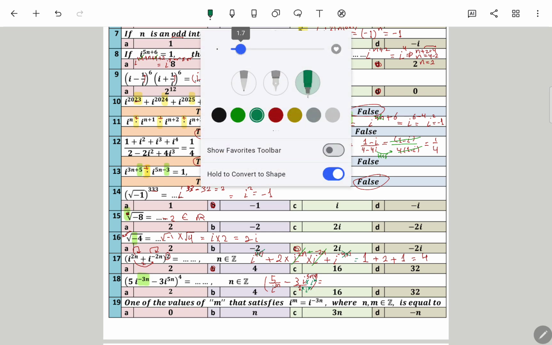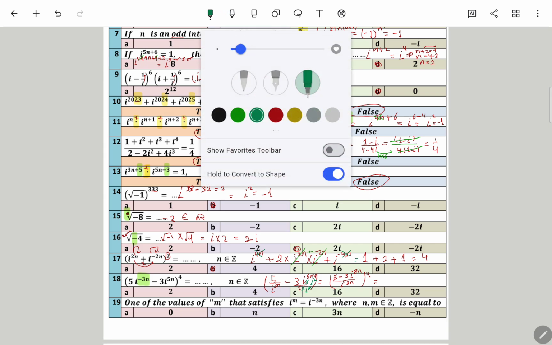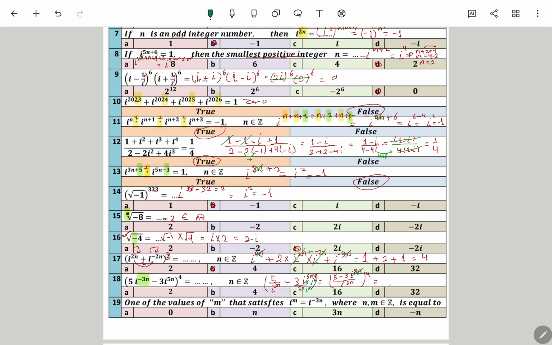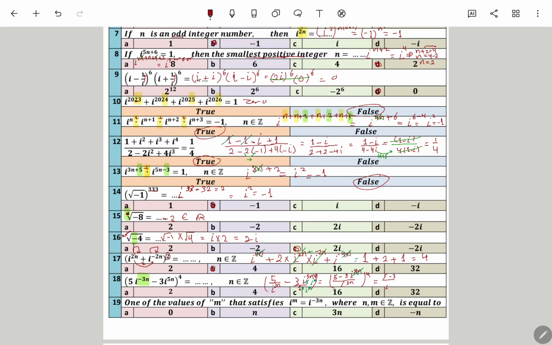That will give you the same denominator for all, which is i to the power of 3n, and up I will have 5 minus 3i to the power of 8n, all still to the power of 4. This 8n can be cancelled because it is going to be 1. So I will have exactly up 5 minus 3, all divided by i to the power of 3n, which is still under the bracket to the power of 4.